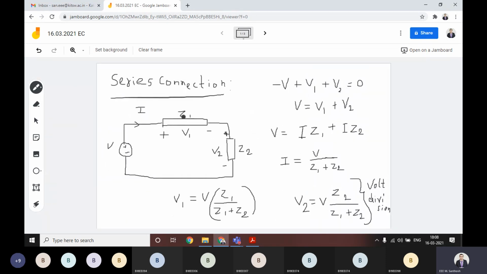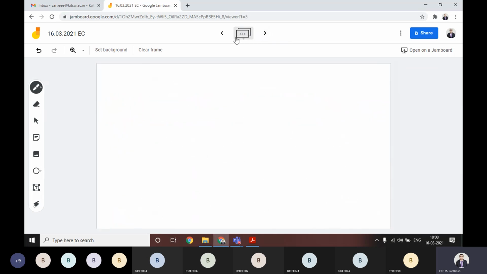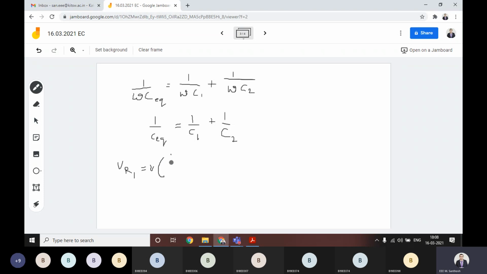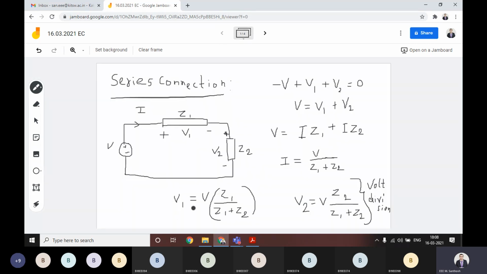Here R1 is connected, here R2 is connected. What is the value? Simply V into R1 by R1 plus R2, right? This is the voltage division rule. Both R1 and R2 are in series. Equivalent you will get R1 plus R2. Then this is a similar case.